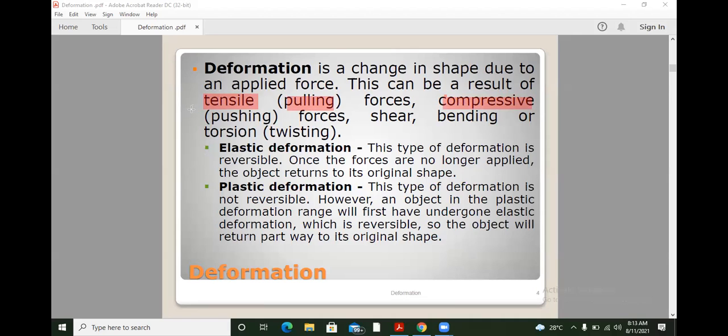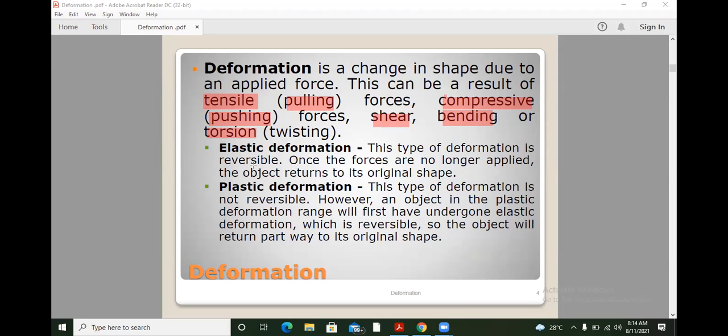Compressive pushing forces. When we are trying to push anything, or when we are trying to pull anything, these are all types of forces we apply on any body. Any bending, if we bend any object, we twist any object, these all are actually a type of forces. If we apply any such forces on a body, it may change its shape permanently or temporarily.